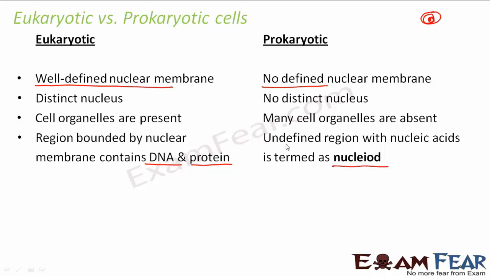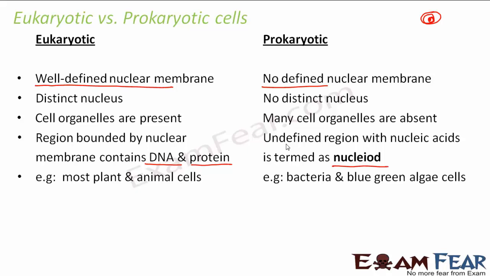Whichever region has more nucleic acids, we call that region the nucleoid. So in prokaryotic cells, we have nothing called a nucleus and nothing called a nuclear membrane. Instead, we have something called the nucleoid. The nucleoid is any region which has more nucleic acids.